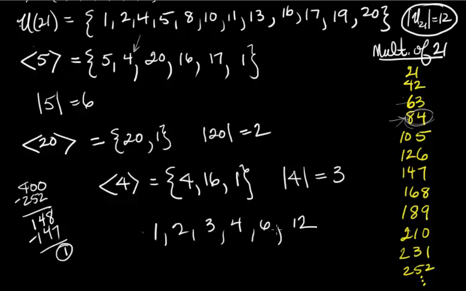I did several of these, but the elements themselves generate little subsets, and the order of them is always a divisor of the order of the group. That's an important theorem that we're going to prove in our next handout, handout 3.